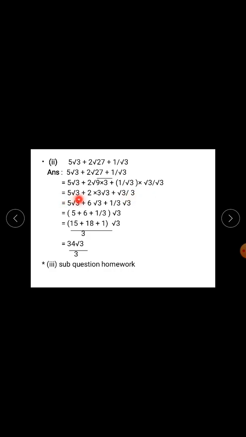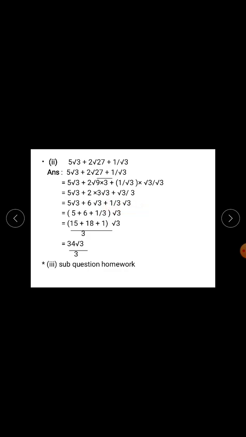So 5 root 3 plus 2 into 3 root 3 plus root 3 upon 3. Now 5 root 3 plus 2 3s are 6, plus 6 root 3 plus 1 upon 3 root 3. Root 3 upon 3 we can write as 1 upon 3 root 3.